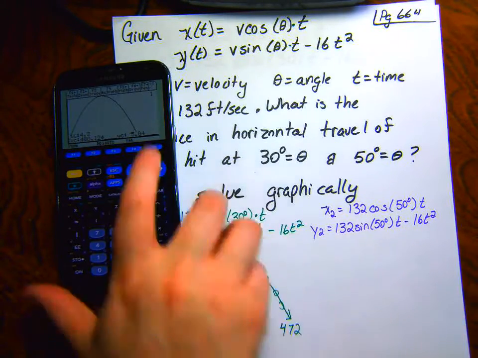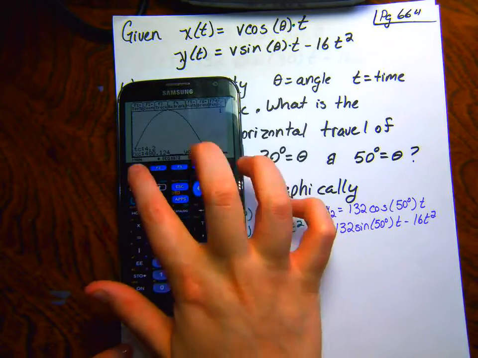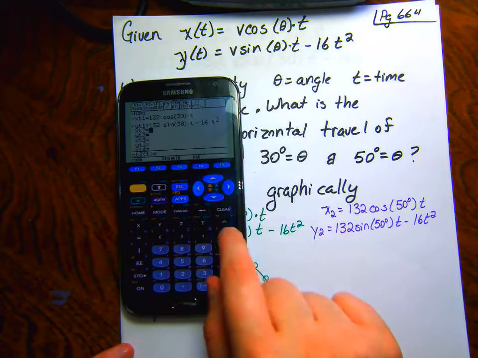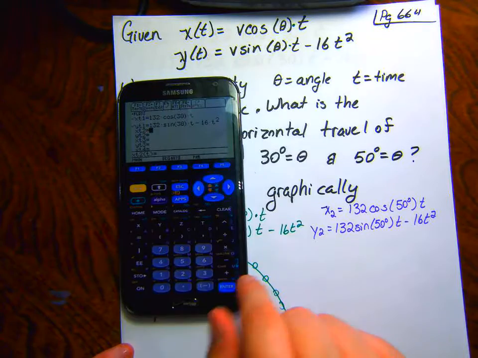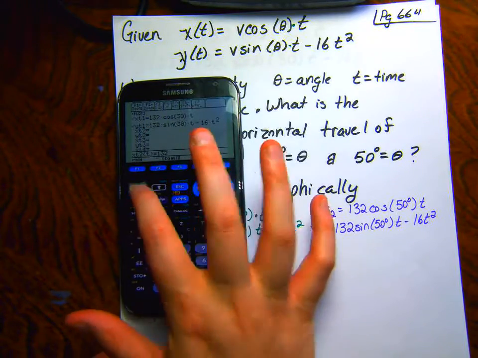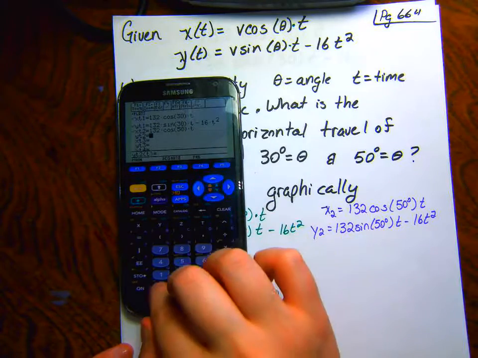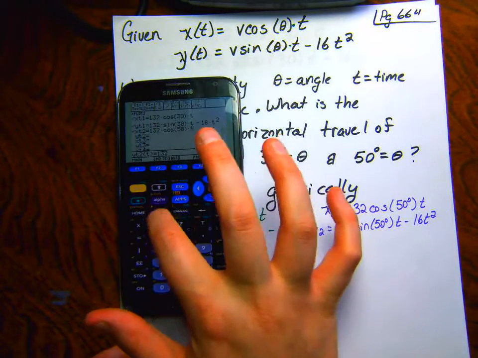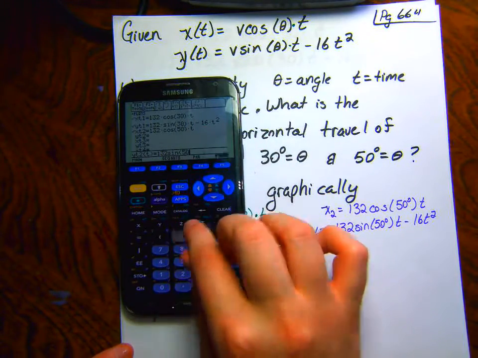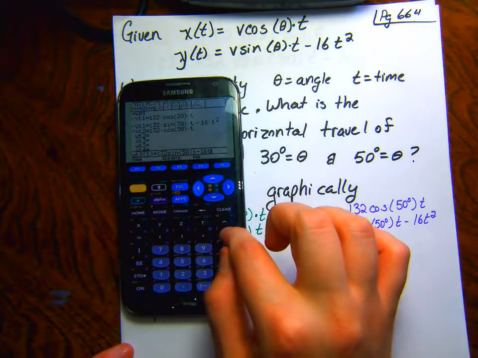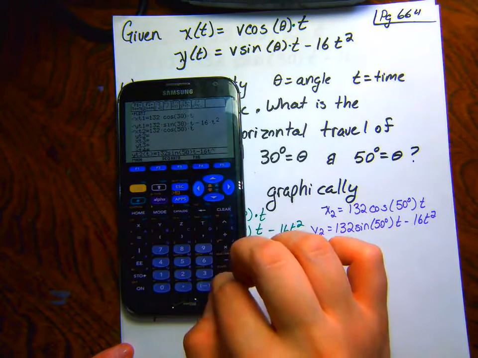Alright, now let's check it out for this one. I'm going to graph this in my x2. So that's 50. Same thing except it's 50 degrees.